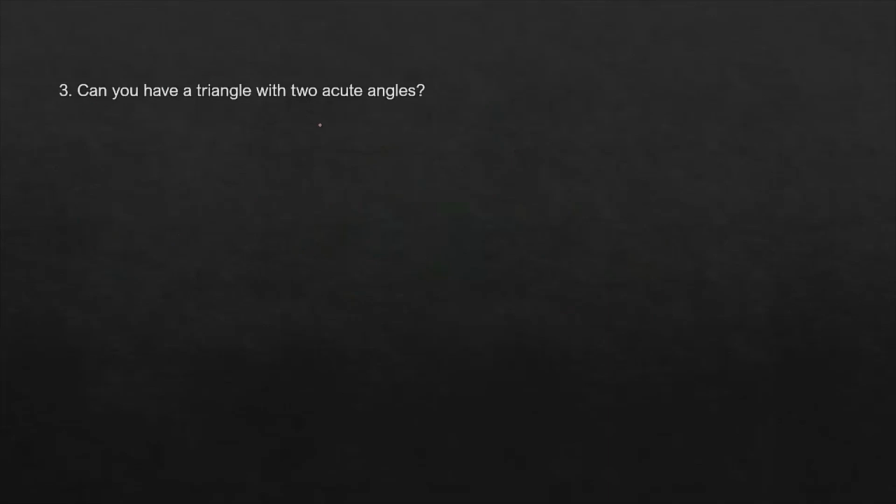Can you have a triangle with two acute angles? What is an acute angle? Angles that are smaller than 90 degrees. Suppose we make an angle of 89 degrees and another angle of 89 degrees. So what's the sum? 178.